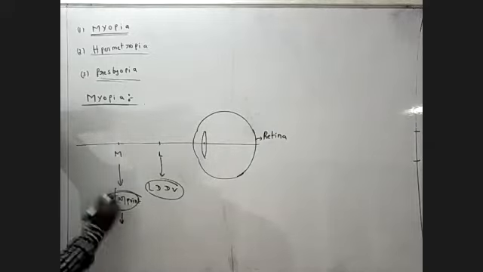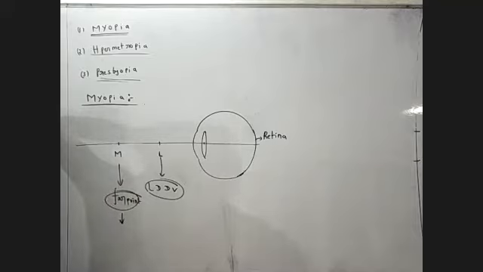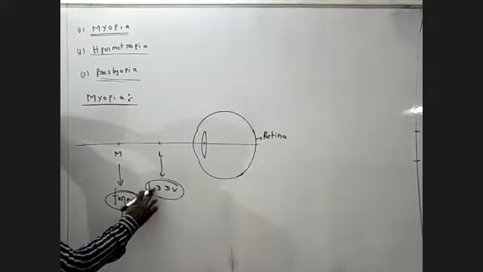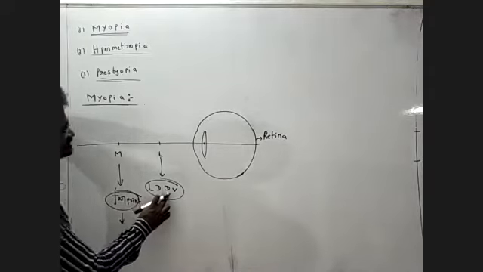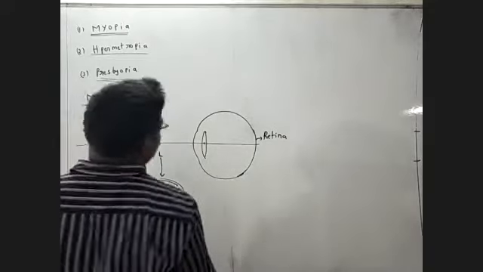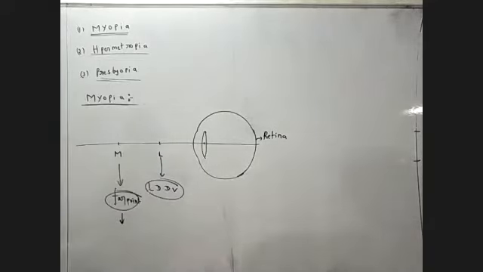It is called the focal point. The maximum point at which I can form an image on the retina is called the focal point. LDDV means least distance of distinct vision. The distance from the eye to this point is 25 centimeter.